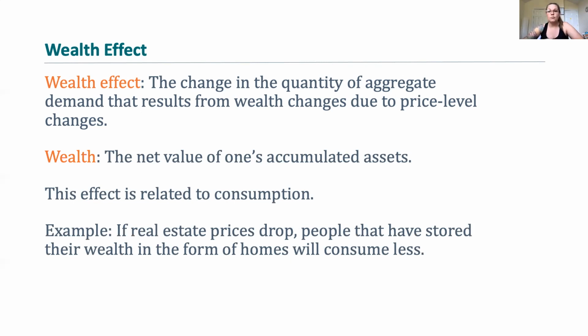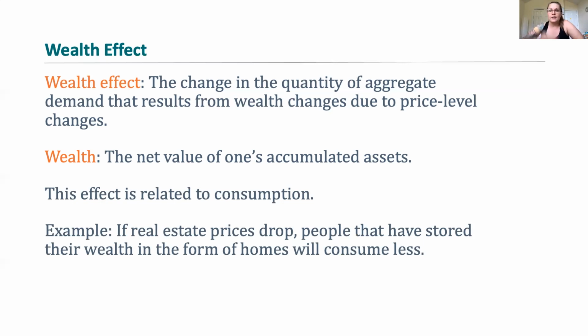If the price level rises, meaning that overall prices have gone up relative to the base year, it means that a person's purchasing power has fallen. Their dollars no longer go as far, and people cannot buy as much. So therefore, that C as part of the aggregate demand equation, consumption, would fall.